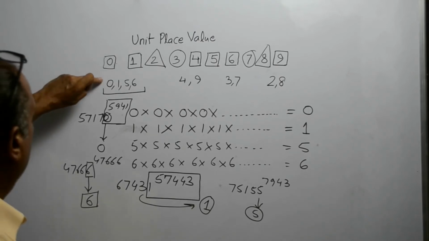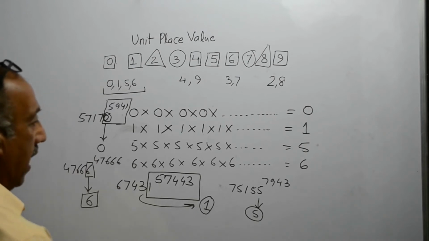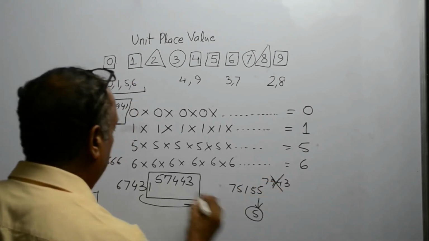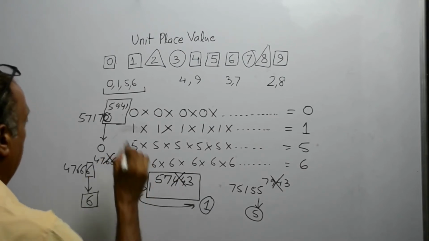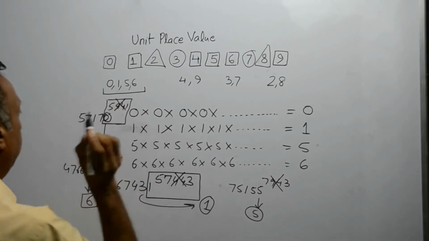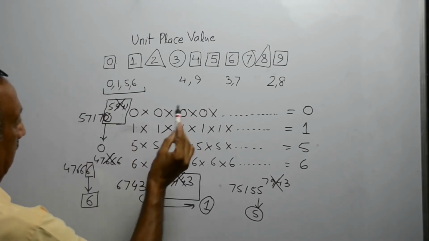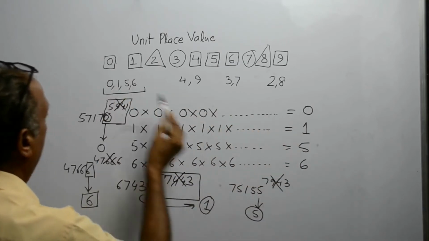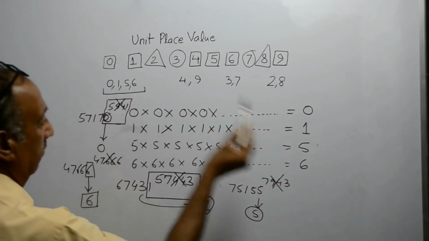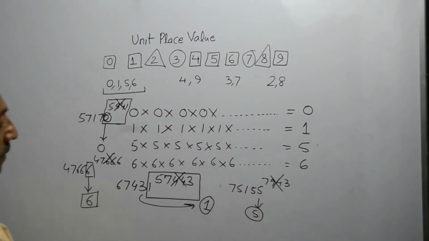So, in case of 0, 1, 5 and 6, the exponential doesn't matter at all. Whatever may be the value of the exponential, 0 gives us back 0, 1 gives us back 1, 5 gives us 5, and 6 gives us back 6.